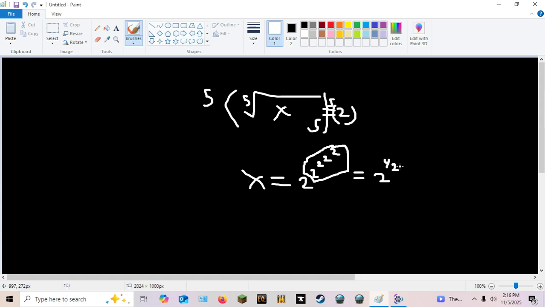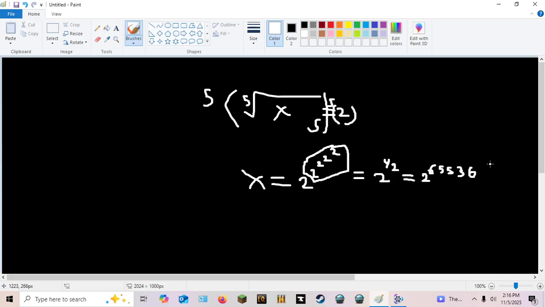Now, according to PEMDAS, the higher level operations must come first. So 2 raised to 4, we know that is 65,536. You're wondering how we evaluate 2 raised to 65,536.